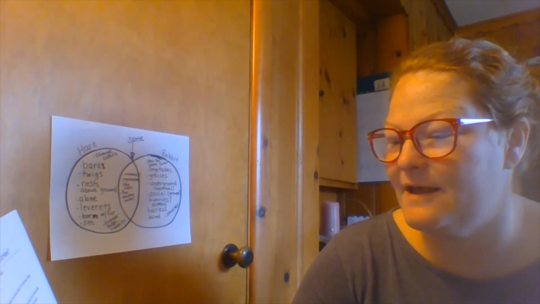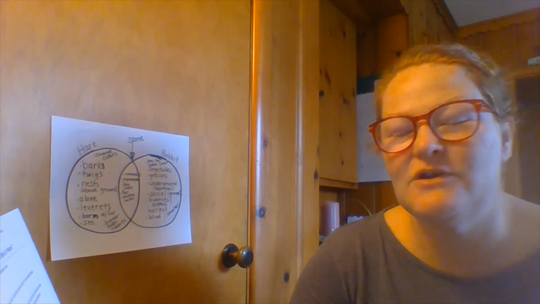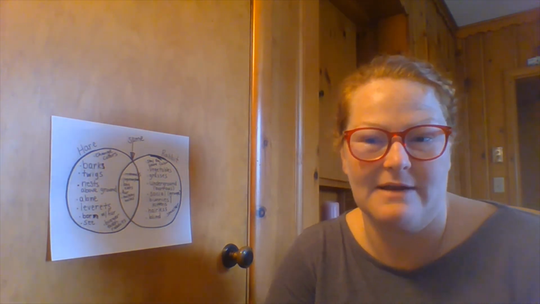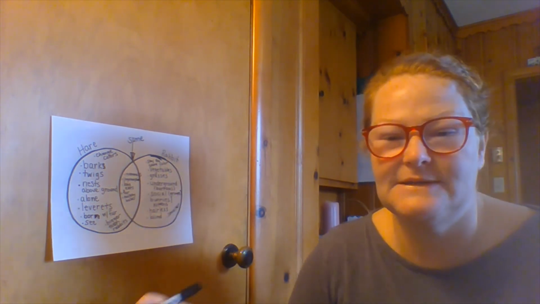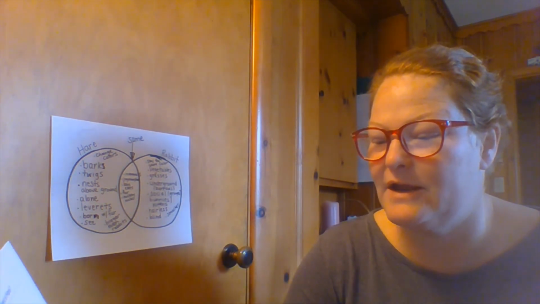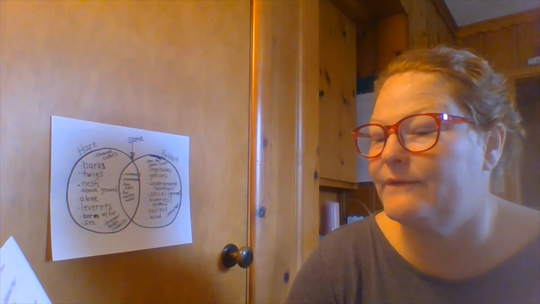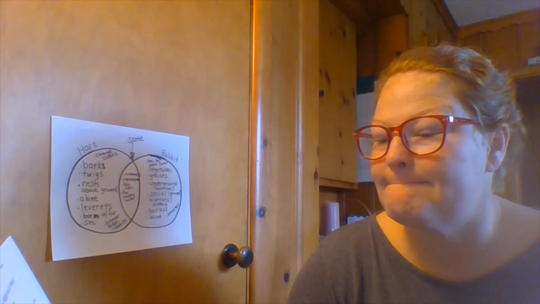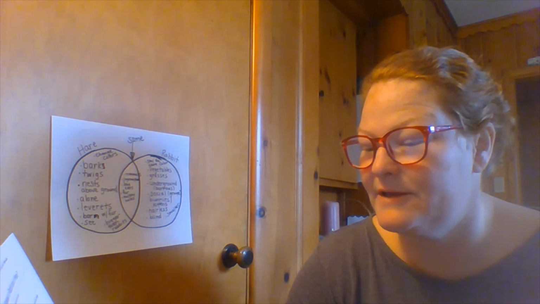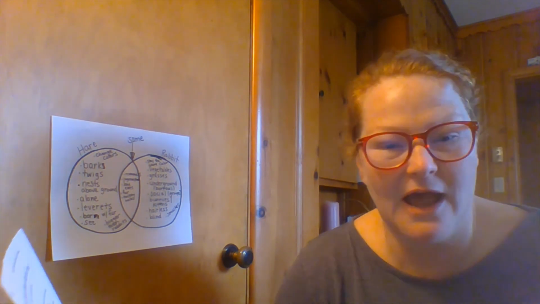Let's see, anything else that we learned about what's alike? If you can think of other things that I haven't thought about on either of these, you can go ahead and fill those into your Venn diagram. Let's see here, what else? I think that's pretty good. I think we did a good job.